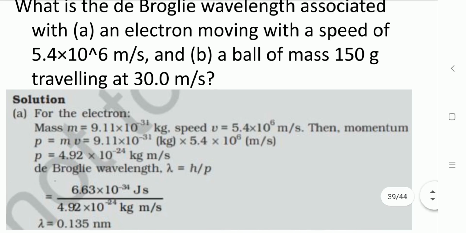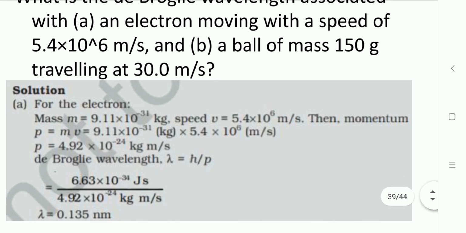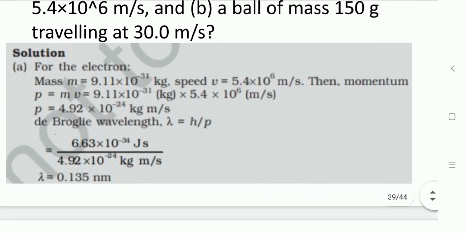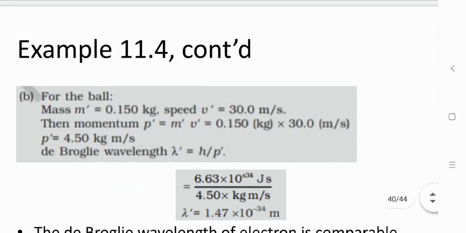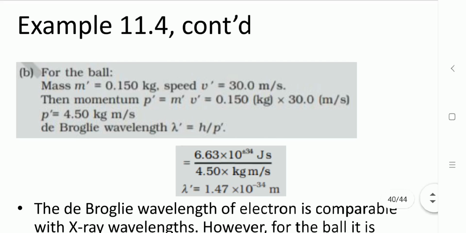Now the same method we follow for measuring the wavelength of a ball having a mass of 150 gram and speed v equal to 30 meter per second. Momentum p equals m into v. Substituting the mass of the ball and its speed, we have momentum 4.50 kilogram meter per second.